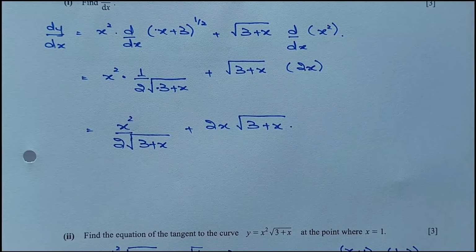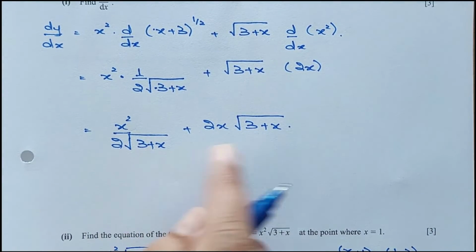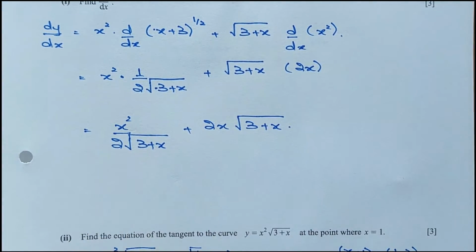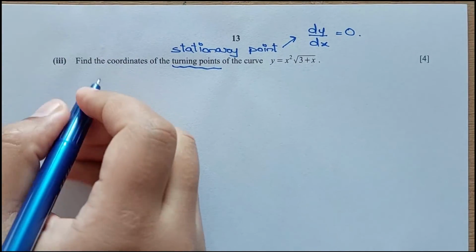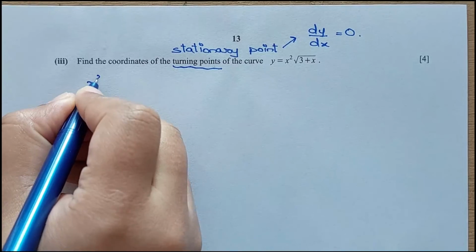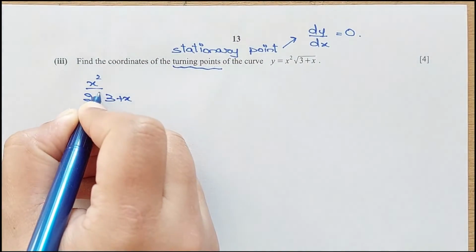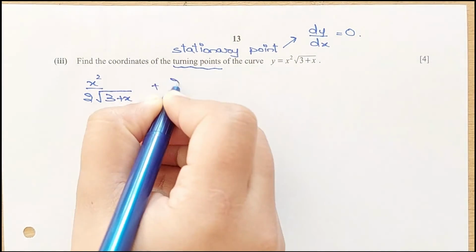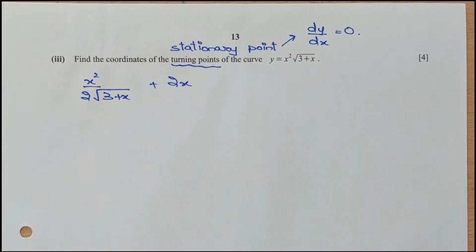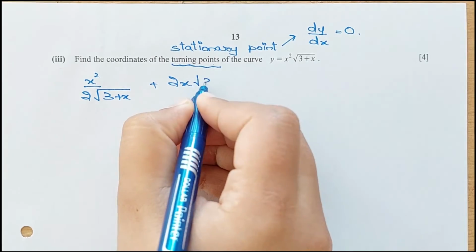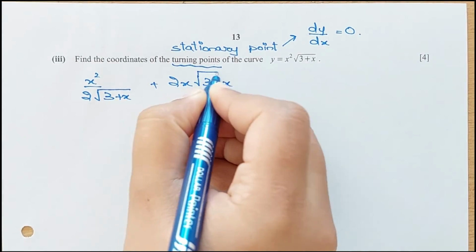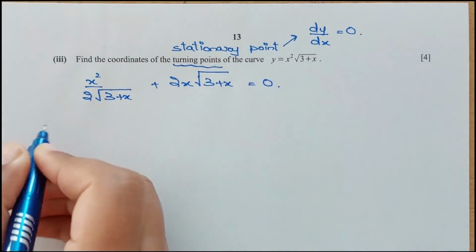We have to put it equal to 0. Let me put this equal to 0 and solve for x, right? So we have the derivative x square divided by 2 square root of 3 plus x plus 2x square root of 3 plus x. This equals 0, right?